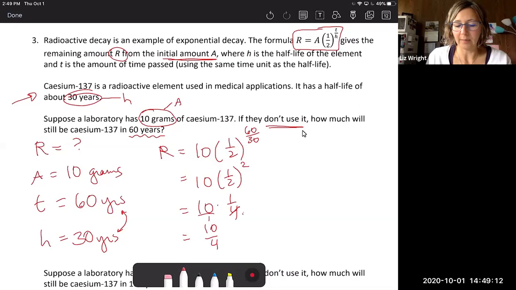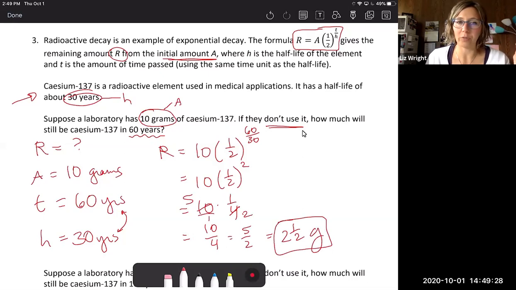I would take a 2 out, and this would be 5. So then it would be 5 halves. And that's going to end up being 2.5 grams. So after 60 years, if nothing is used up, we'd only have 2.5 grams of cesium-137 left. That would still be considered cesium-137.